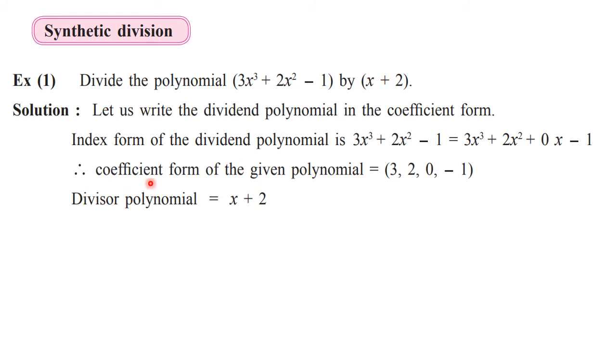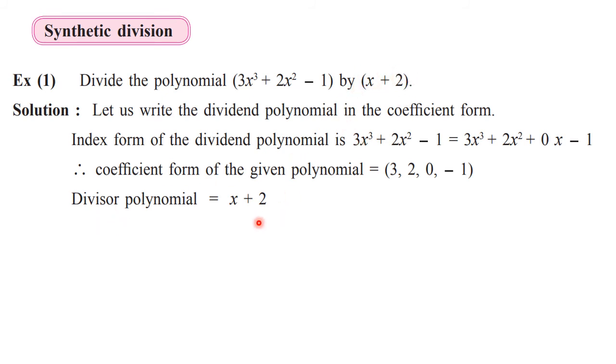So the coefficient form of the dividend polynomial is, in round brackets, 3 comma 2 comma 0 comma minus 1. Okay. So for synthetic division it is compulsory to find the coefficient form. After doing all these things with the dividend polynomial, we have to go towards the divisor polynomial.